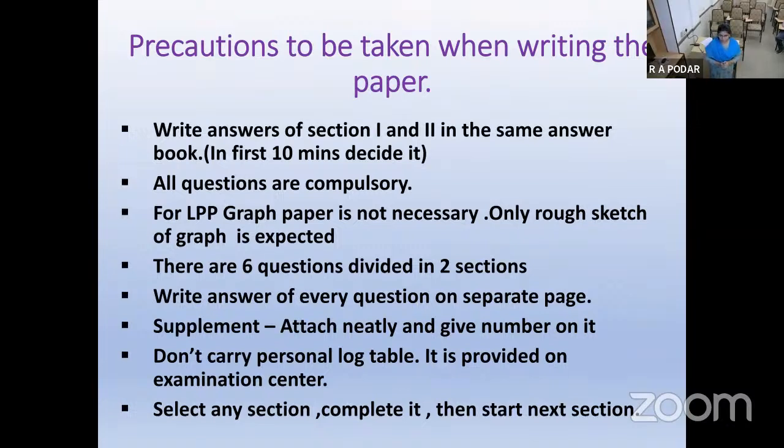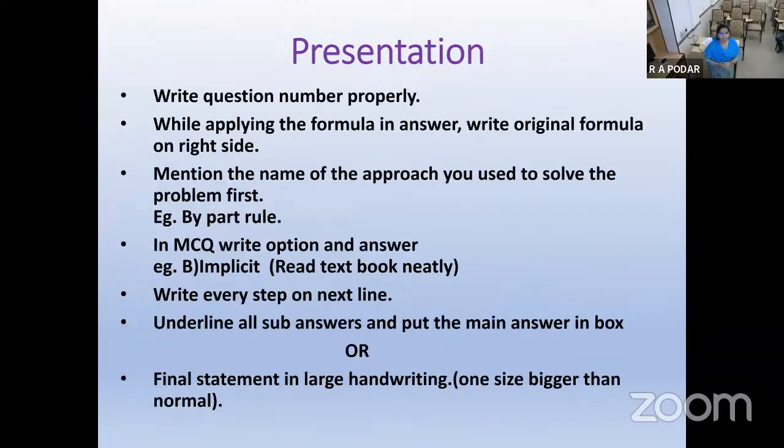Select any section as per your easy mode, section 1 or section 2. As you start section 1, complete your first 3 questions and then move on to the next section. Write question number properly. आपने question second start किया है suppose, then A part 2 sub questions.